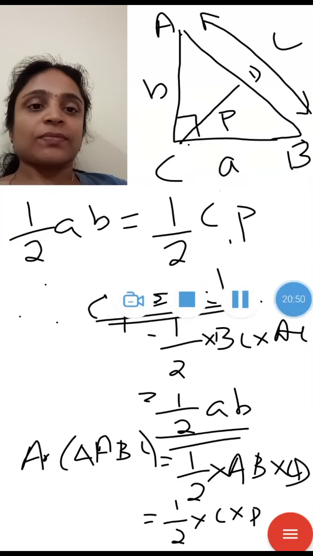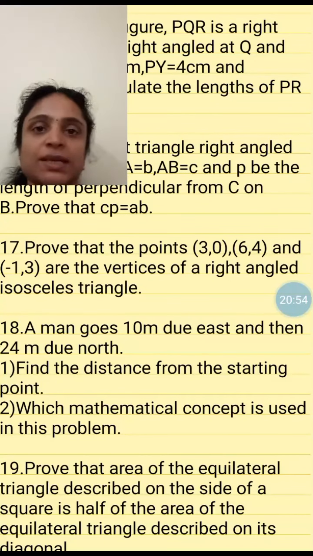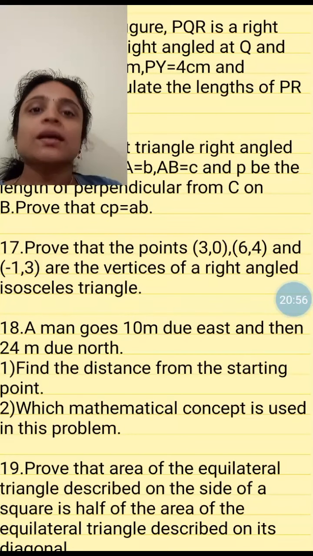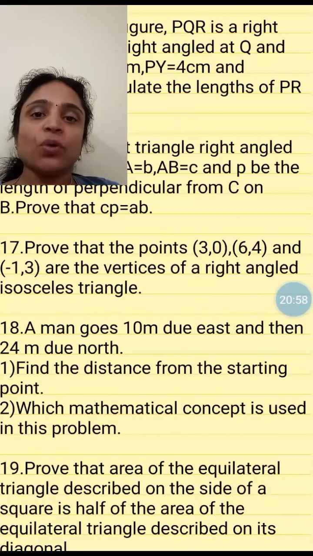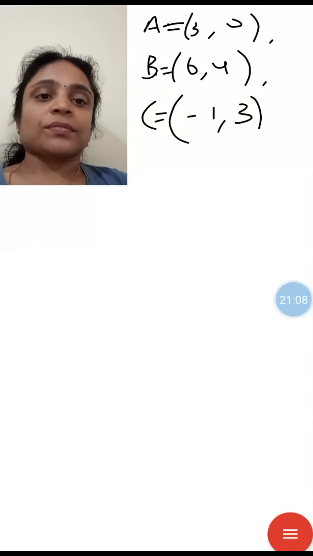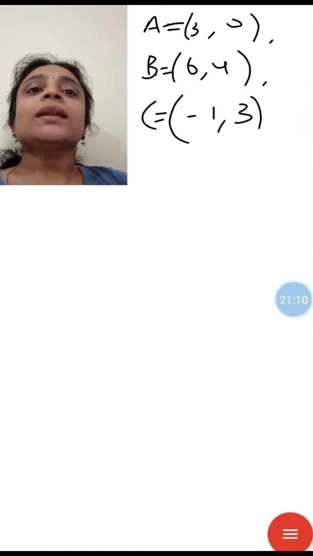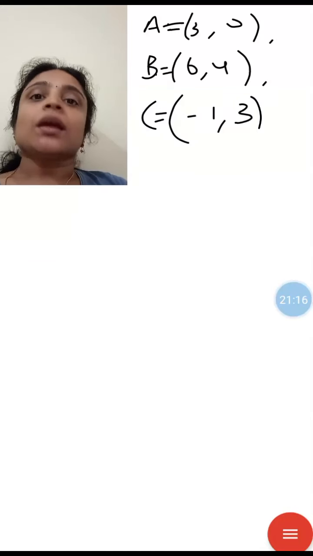Next question is, prove that the points 3, 0, 6, 4 and -1, 3 are the vertices of a right angled isosceles triangle. Okay. Now, let A equal to 3, 0, B equal to 6, 4, C equal to -1, 3. We have to prove that these three sides are the sides of an isosceles triangle.